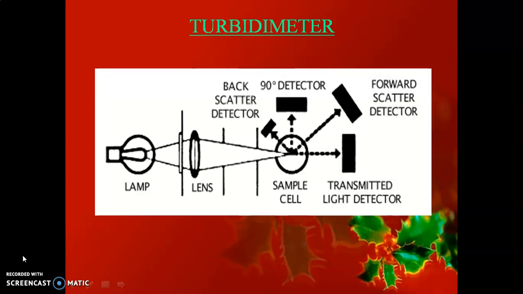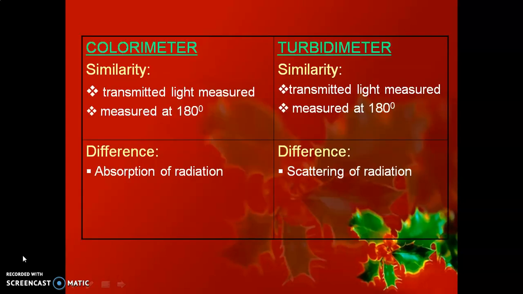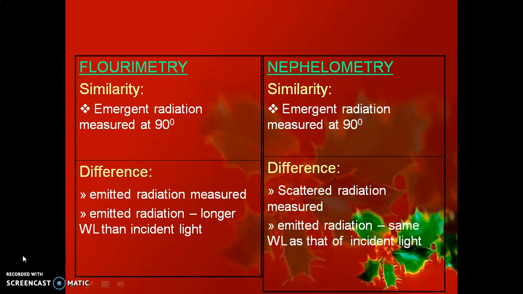So this is the arrangement for the turbidimeter. A colorimeter is very similar to the turbidimeter, and a fluorimeter is very similar to the nephelometer.